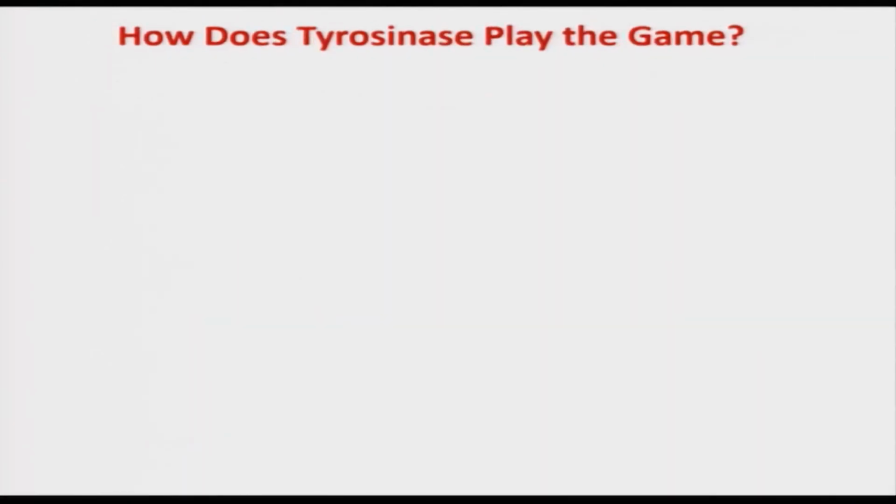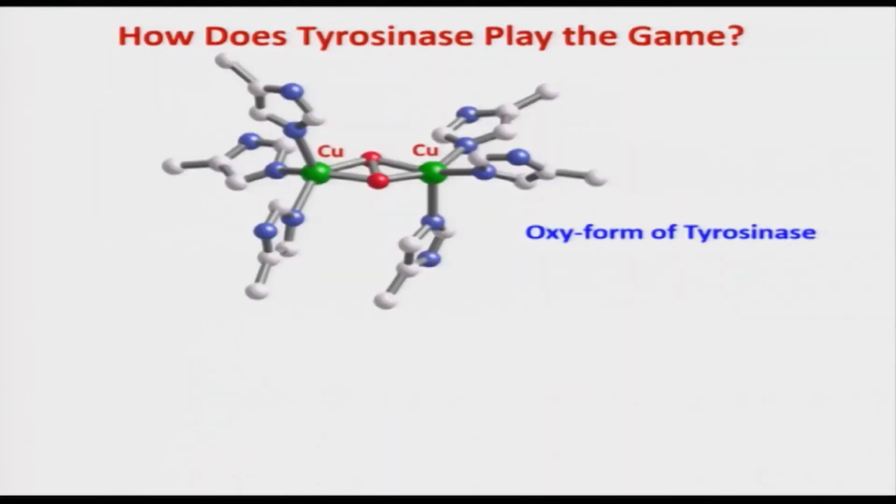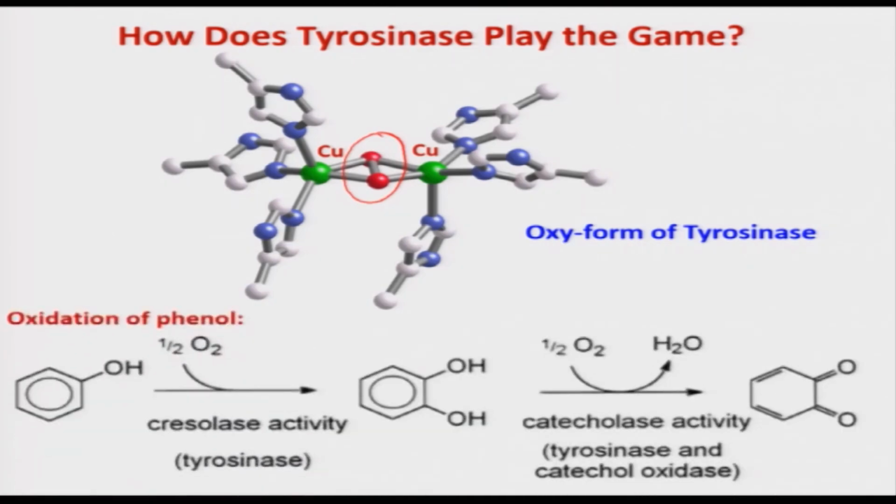Now, let us talk about tyrosinase. How does tyrosinase play this game? The oxyform of tyrosinase is shown over here. As you can see, there are two copper centers, each ligated with 3 histidines, and in between we will show that it is O2 2 minus.